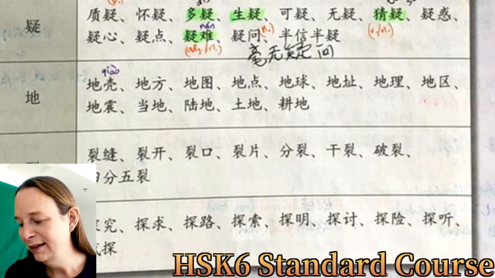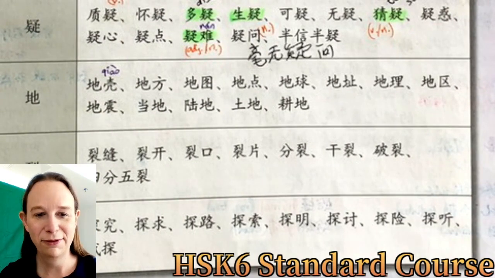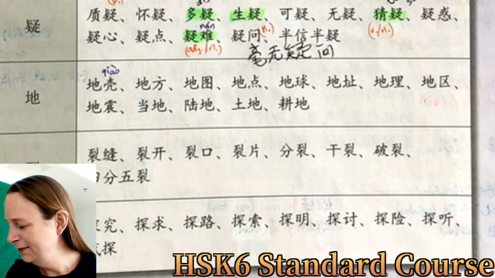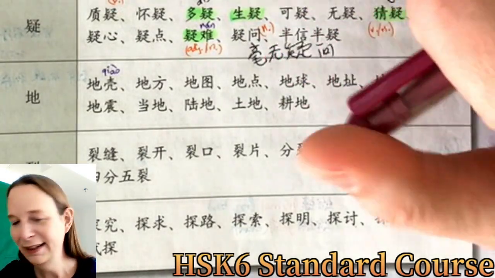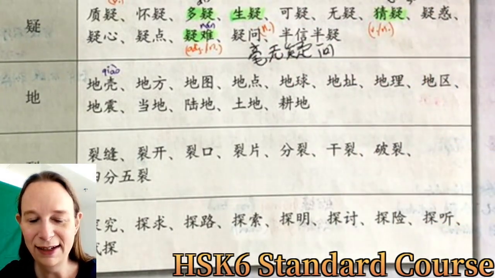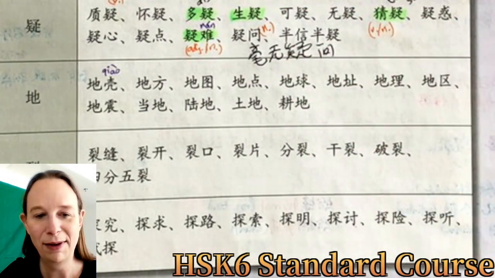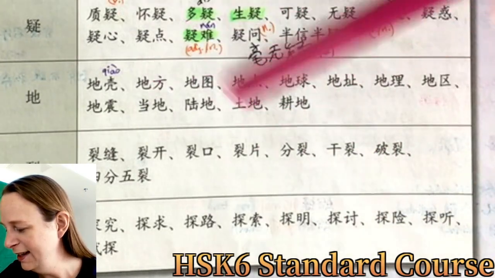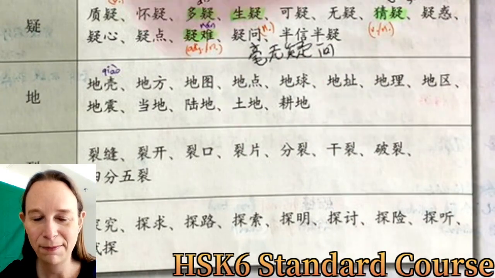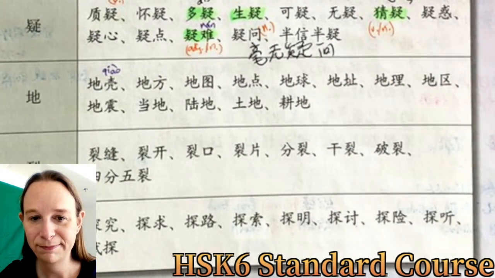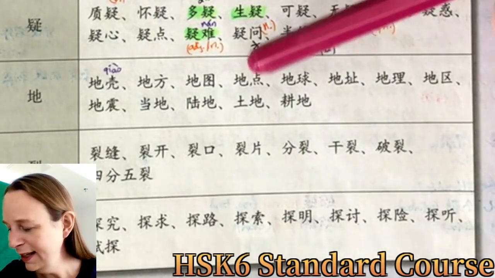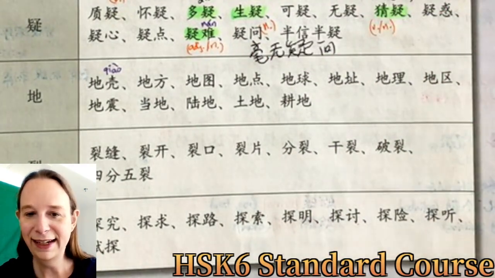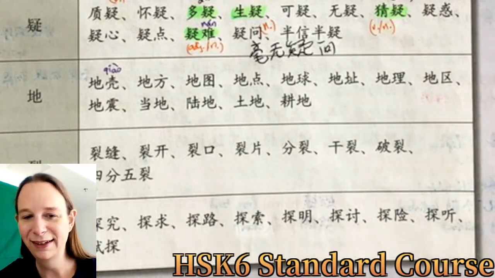地方. I feel like we studied this many, many years ago. 你的家在什么地方? Where is your blah blah blah? I'm not going to study that one. 地图, map. Anything else we need to know about 地图? I don't think so. 地点 is like a location point, this sort of thing.